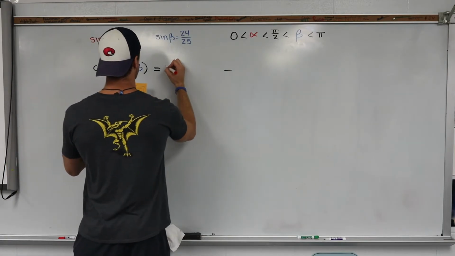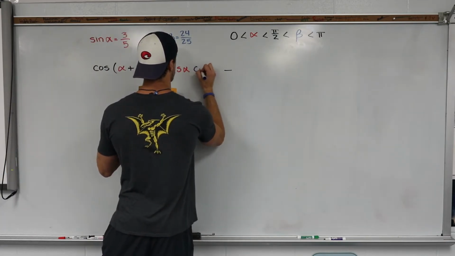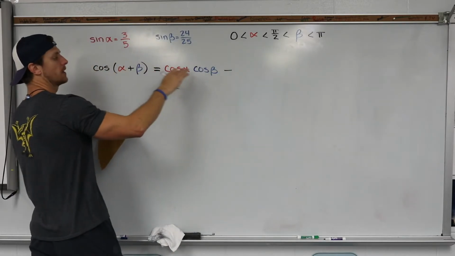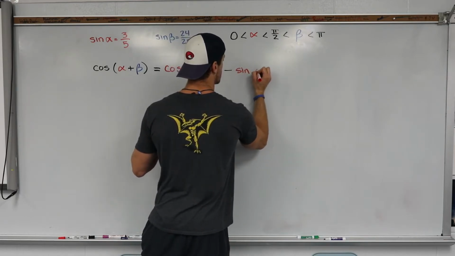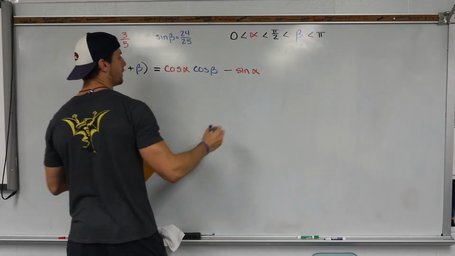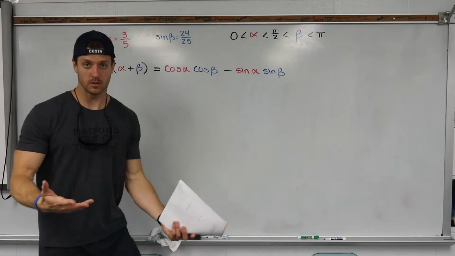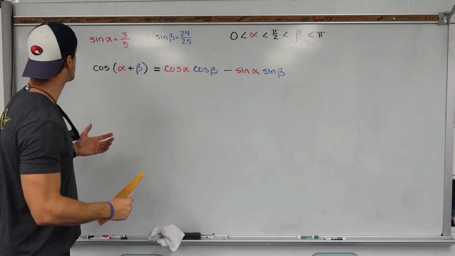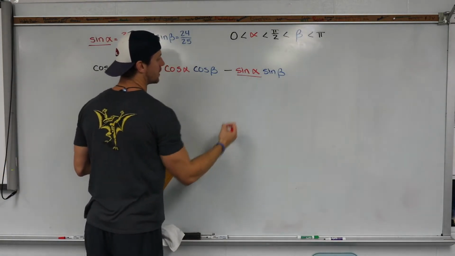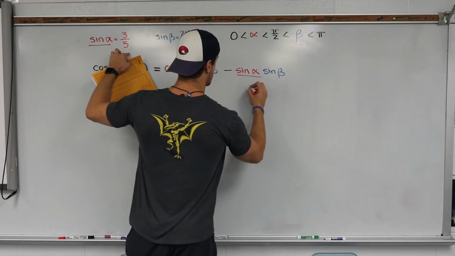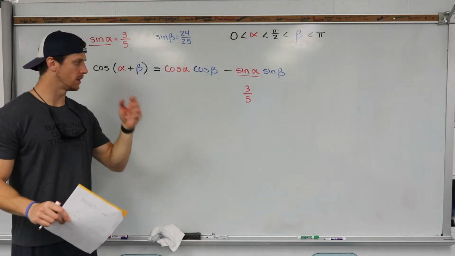It's going to be cosine of alpha times cosine of beta, but since it's plus, this is minus when you expand, sine of alpha times sine of beta. Okay, well let's look and see what we do know. We know for a fact that sine of alpha is 3 over 5.